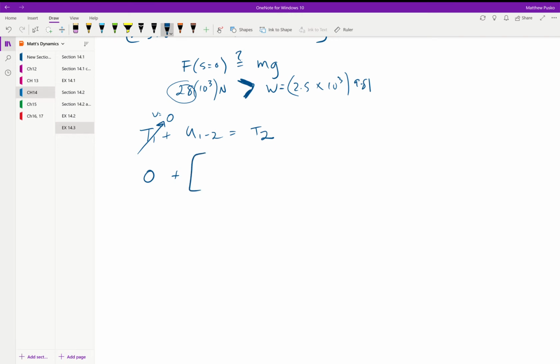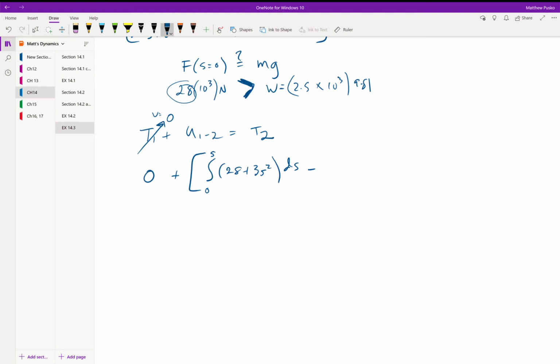Open up some brackets here, and let's put our different forms of work. Well, we know we're going to have the lifting force acting at some distance, so since it's a function of S, let's integrate that force. The force is 28 plus 3s squared, and let's integrate that from 0 to S. We can plug in 3 meters later.